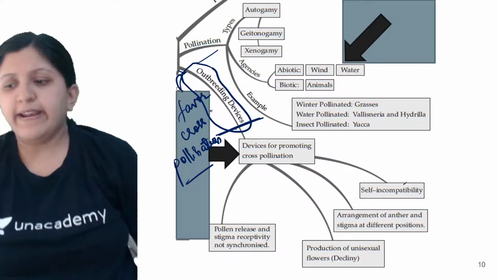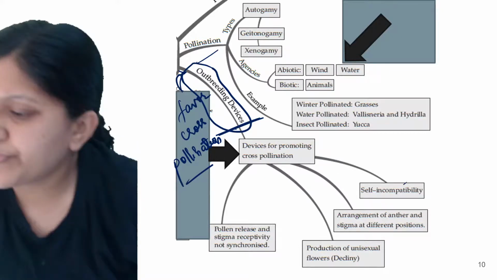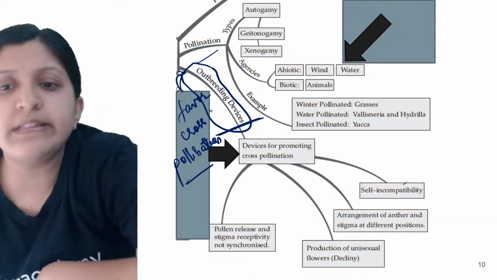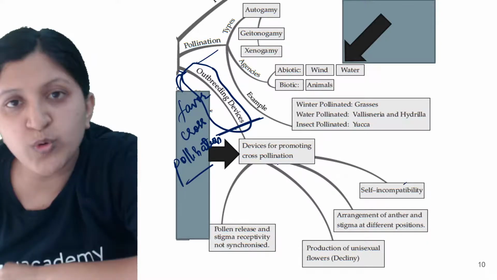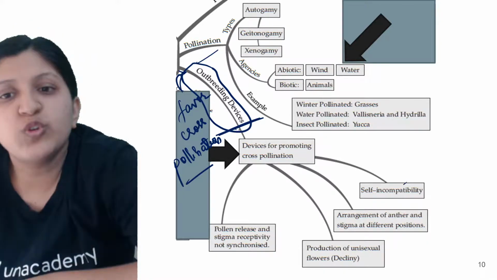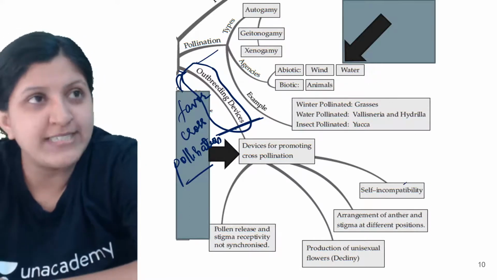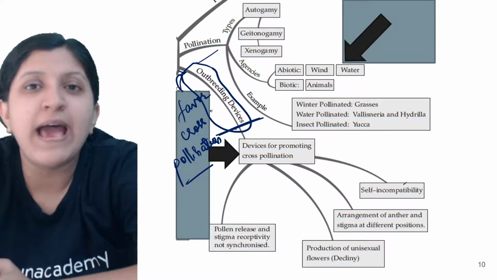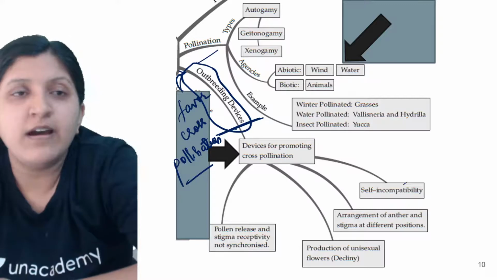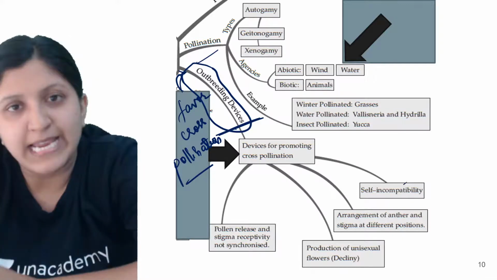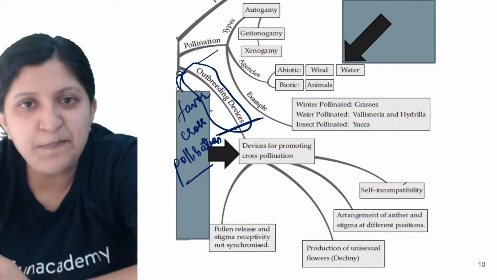Alright, anyway, let's see this. Here, devices for promoting cross pollination, those we call outbreeding devices. So what exactly are outbreeding devices? As the name itself suggests, outside breeding, not the same plant but the other plant.